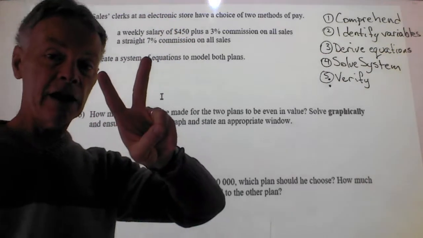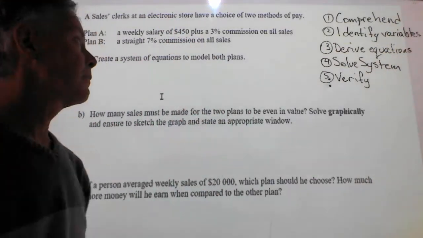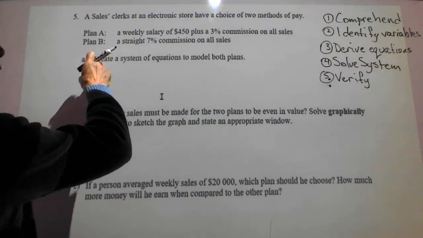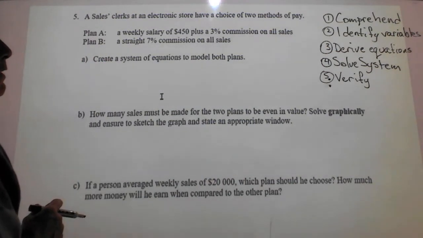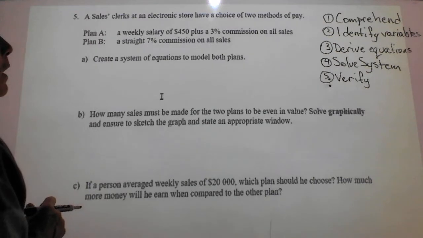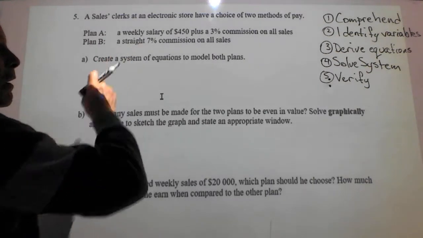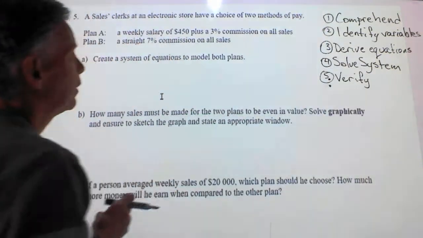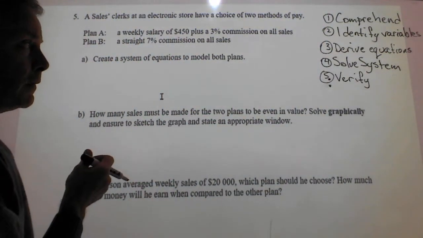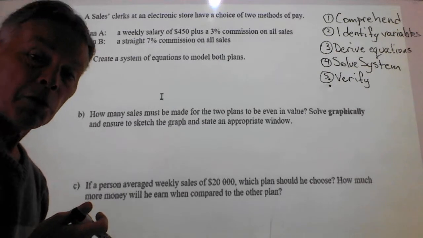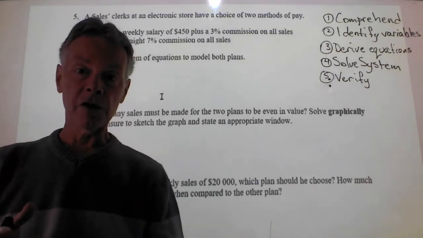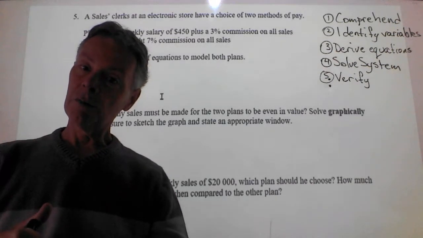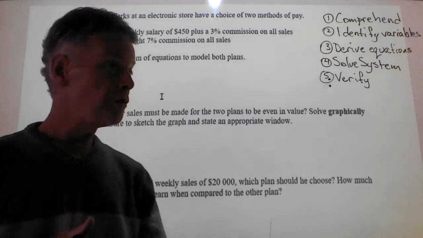Okay, so two plans, two equations. Create a system of equations to model both plans. Well, what are our unknowns? Identify your variables. We don't know what our sales are, but we know that they will affect how much we earn. And our second variable is how much we earn.